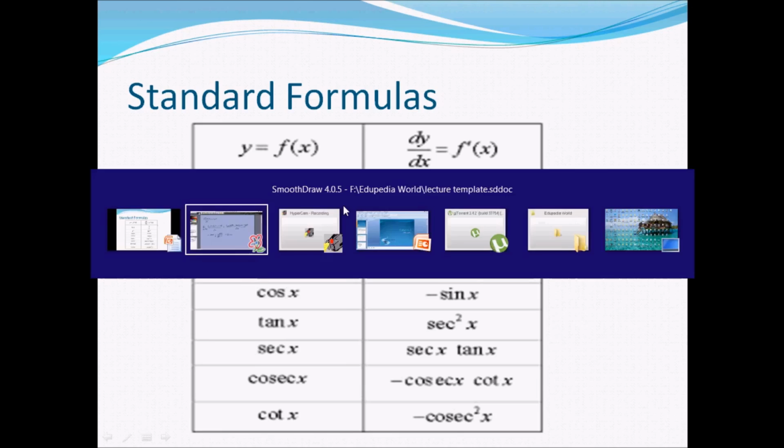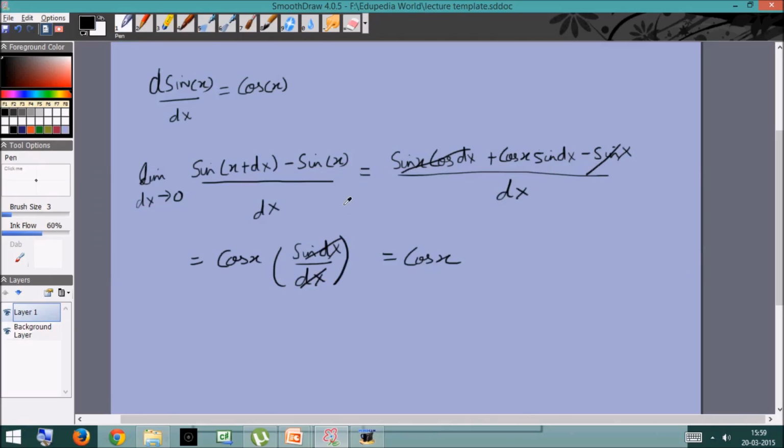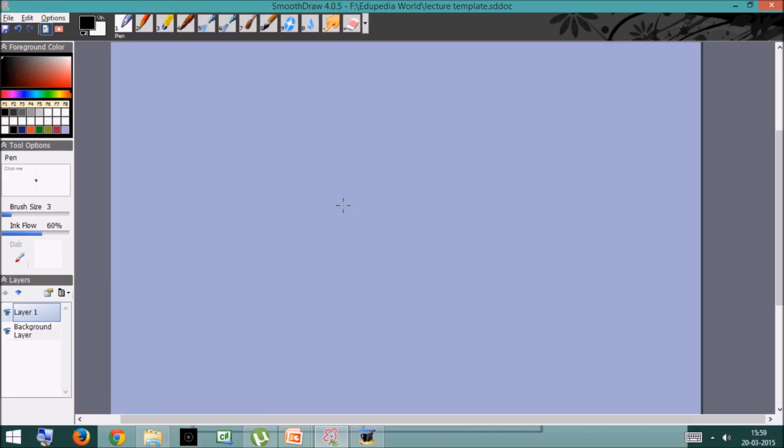And another important point is, right, up till now we've only seen the importance of the function being differentiated. Now I'll show you the importance of the variable with respect to which it is being differentiated. So we know that the derivative of sine of x is cos of x.